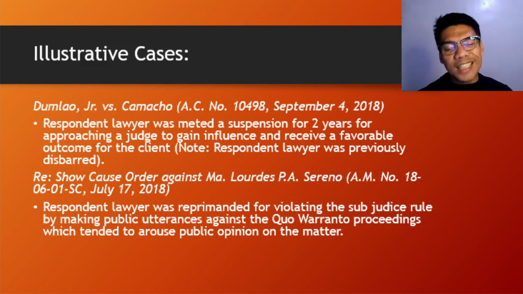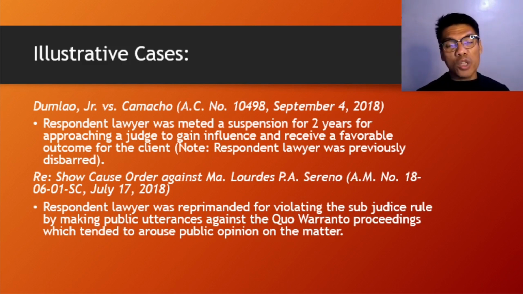Of course, this did not sit well with the Supreme Court, and the Supreme Court held her administratively liable under the Code of Professional Responsibility, particularly on the rule against sub judice. But here, she was only reprimanded. In the case of other lawyers, that would have meted the penalty of suspension.